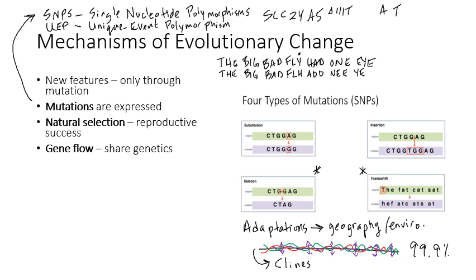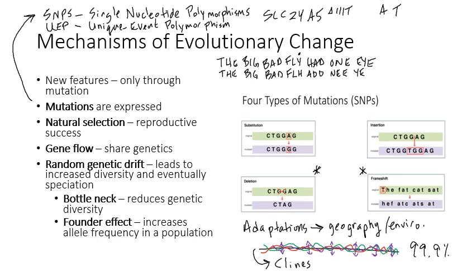So gene flow refers to all of the copulation that humans engage in between populations. We share those genetics, and that binds us as a species rather than leading to speciation.